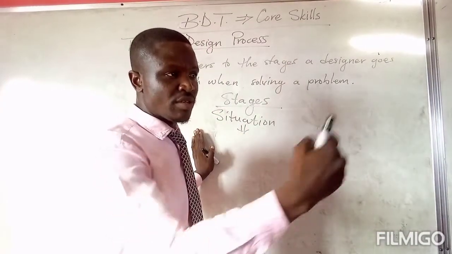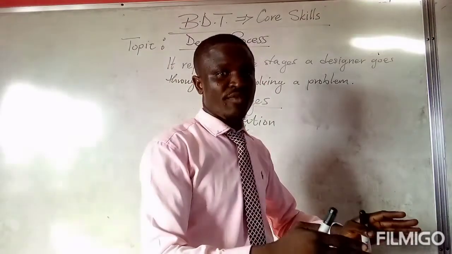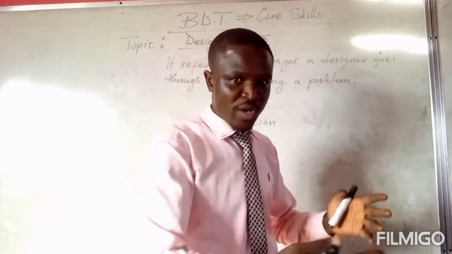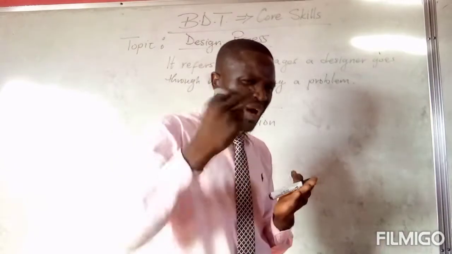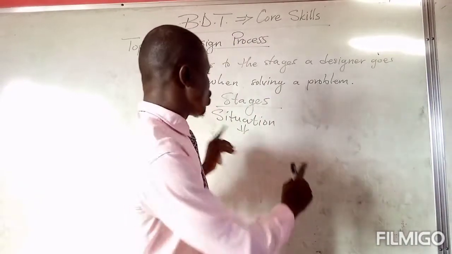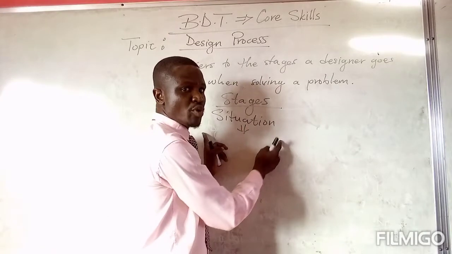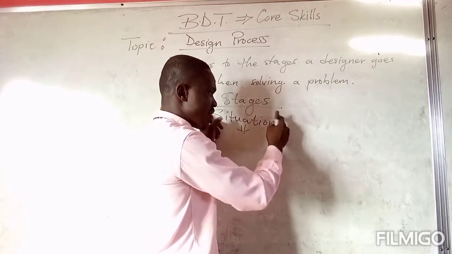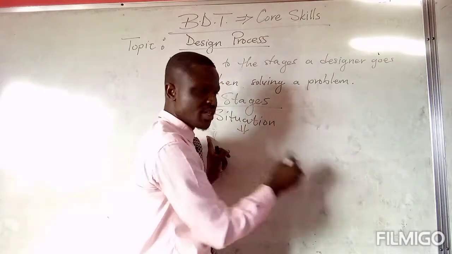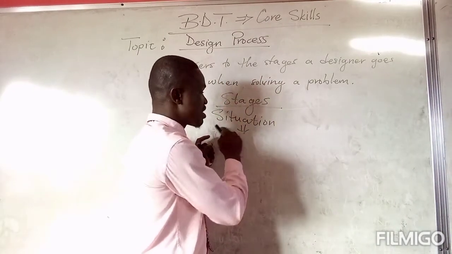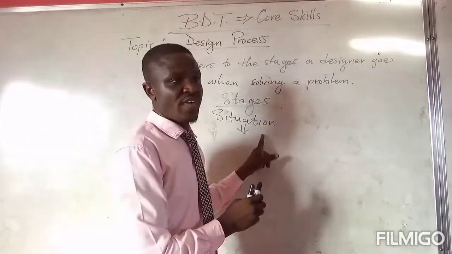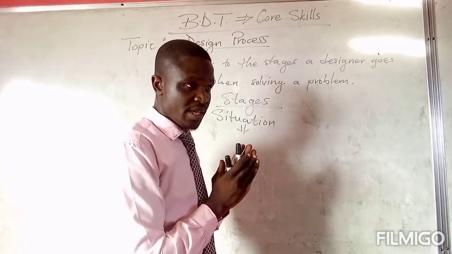As a designer, you cannot just come to the class and start solving the problem. So you should be able to identify the problem. The problem in the community or in the environment that needs to be solved is what we term as what? Situation. So every designer has to first identify the situation. Do you understand it? Great.